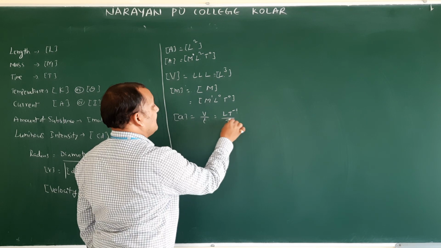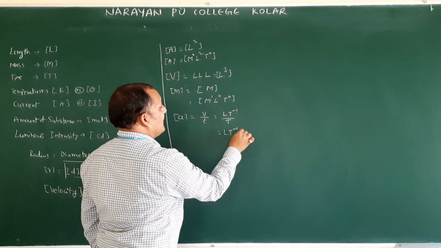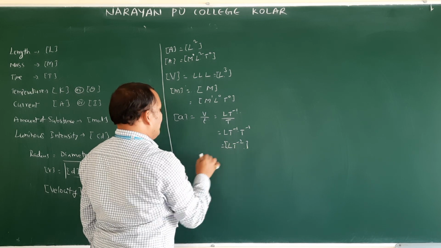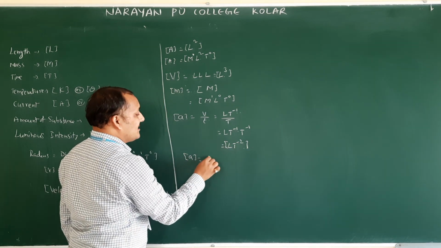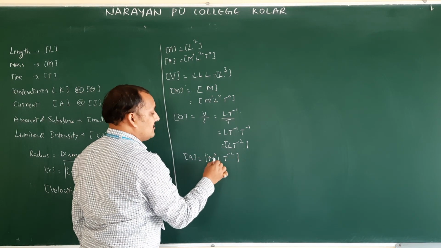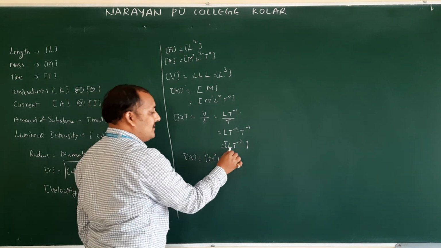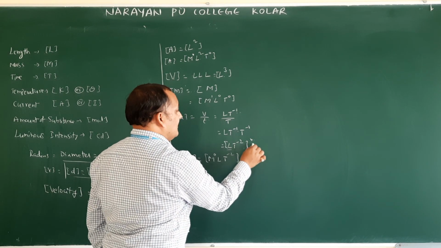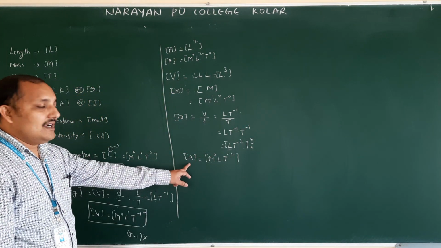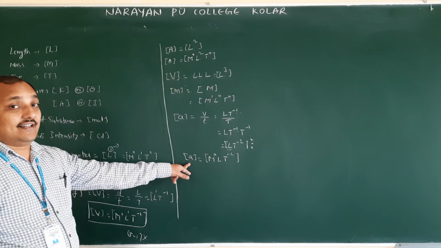L t power minus 1 by t gives L t power minus 1, t power minus 1. So the acceleration dimension formula is M power 0, L t power minus 2. If you don't say M power 0, no problem. Mainly you have to remember L t power minus 2. This is the dimension formula for acceleration.